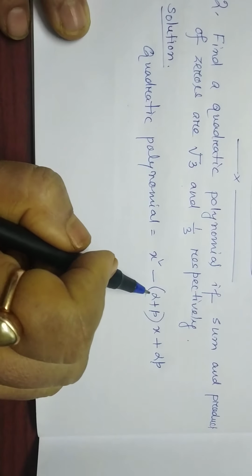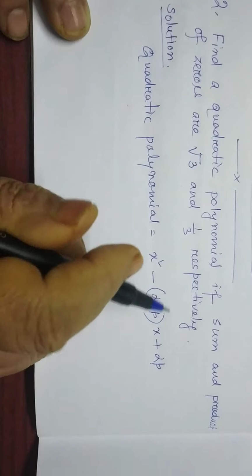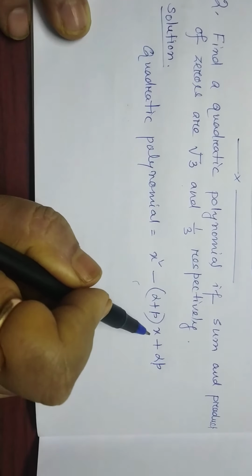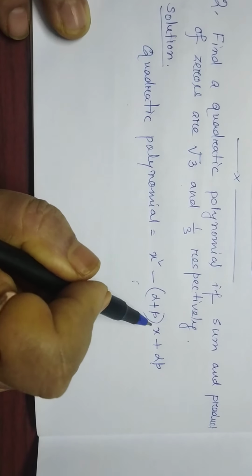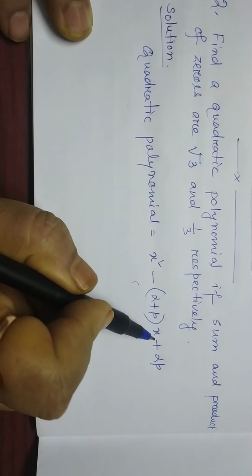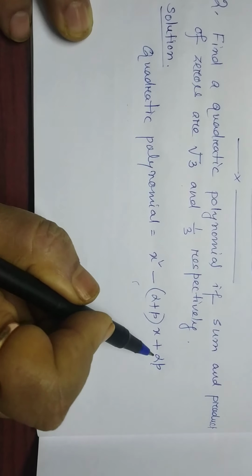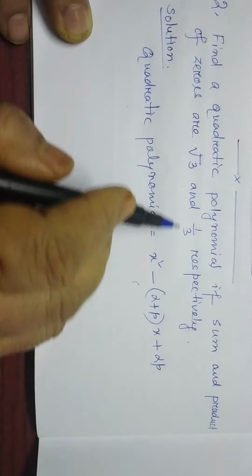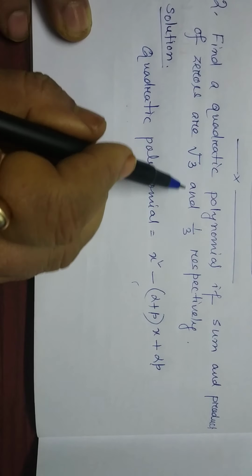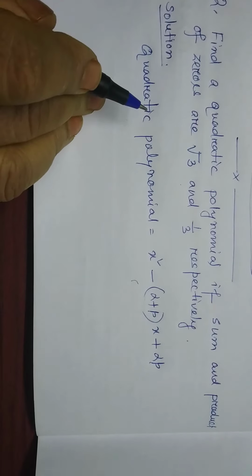If roots are alpha and beta, then minus alpha plus beta is the coefficient of x and plus product of zeros is the constant. Here sum of zeros is √3 and product of zeros is 1 by 3.